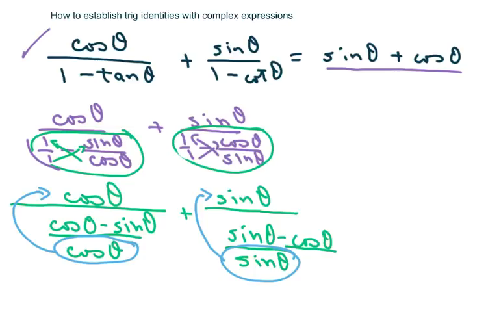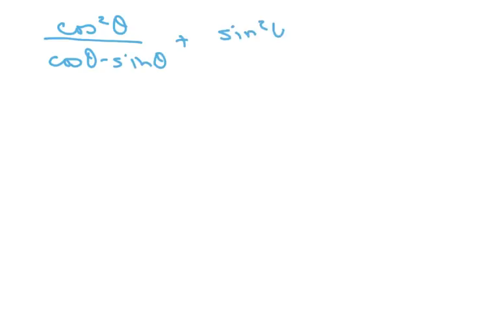So when I write this out, I'm going to get cosine squared over cosine of theta minus sine of theta, plus sine squared of theta over sine of theta minus cosine of theta.